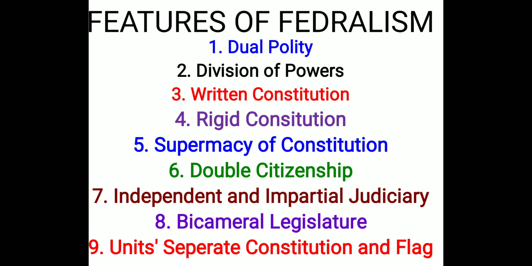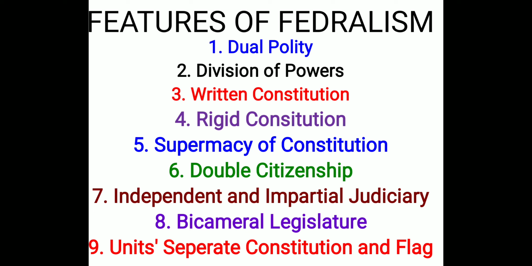Clear? Another feature is the supremacy of the constitution. So three main features of federalism are related with the constitution: written constitution, rigid constitution, and fifth one is supremacy of the constitution. In federal form of government, the constitution is supreme and no one is above the constitution.